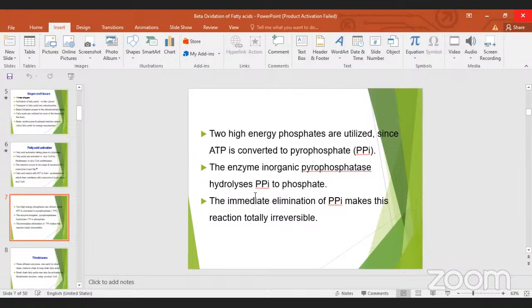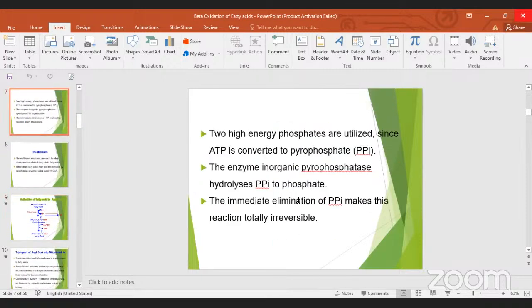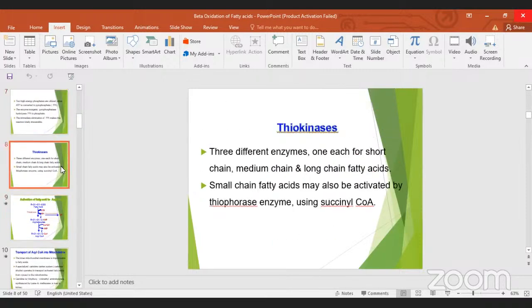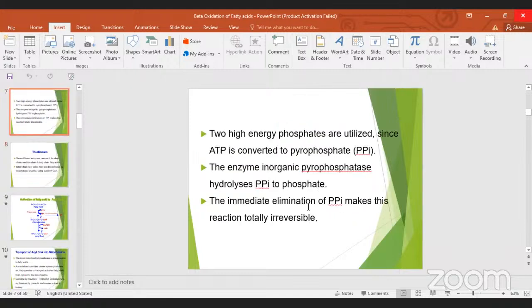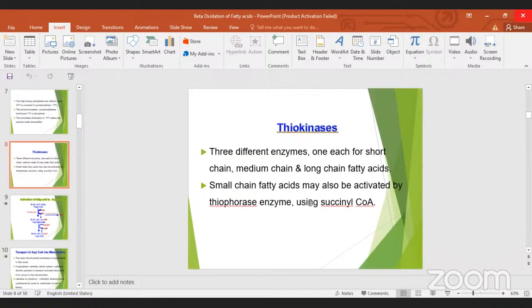The immediate elimination of pyrophosphate makes this reaction totally irreversible.